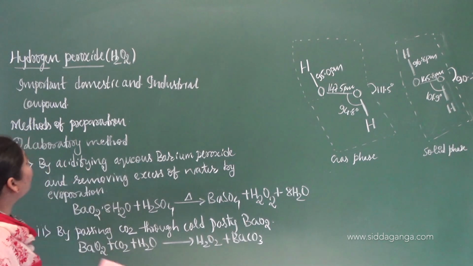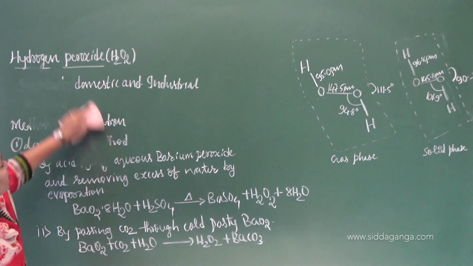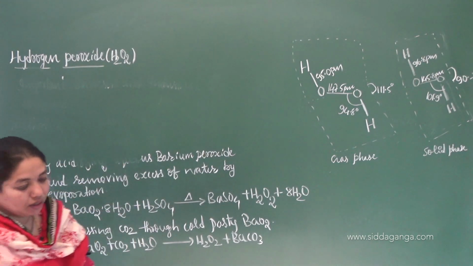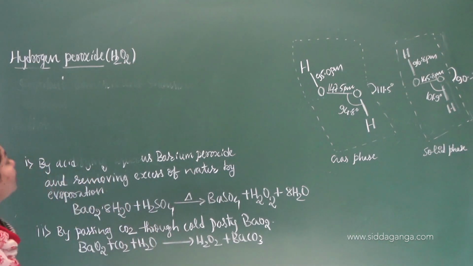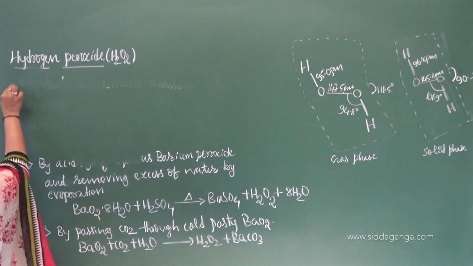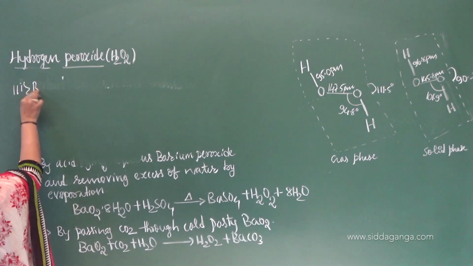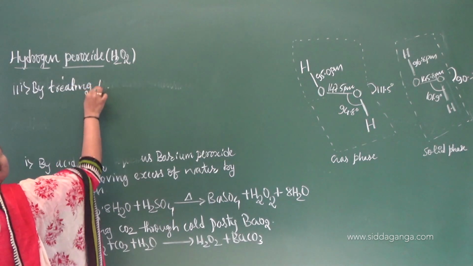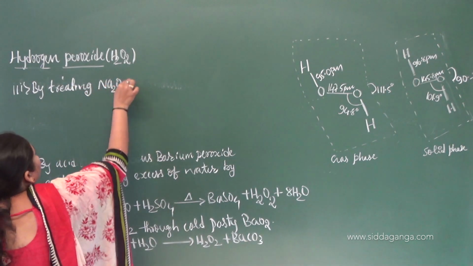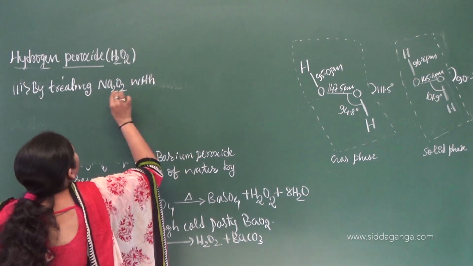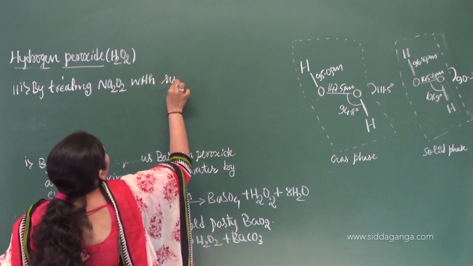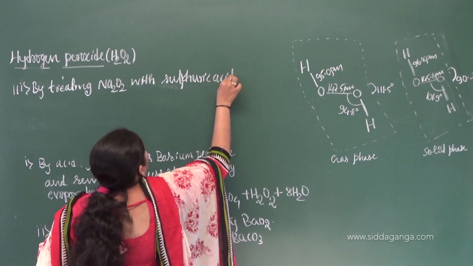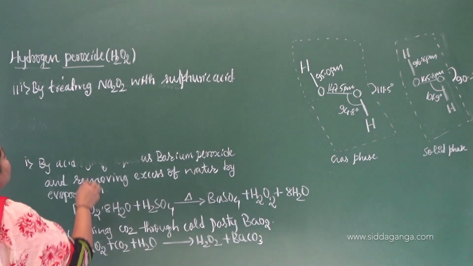Like that we have one more method used for the preparation of hydrogen peroxide, that is nothing but the third one, by treating sodium peroxide with sulfuric acid. What is that process?